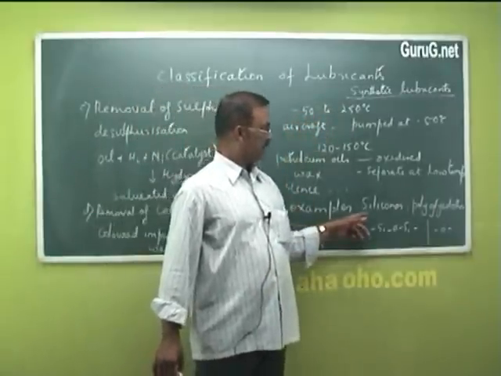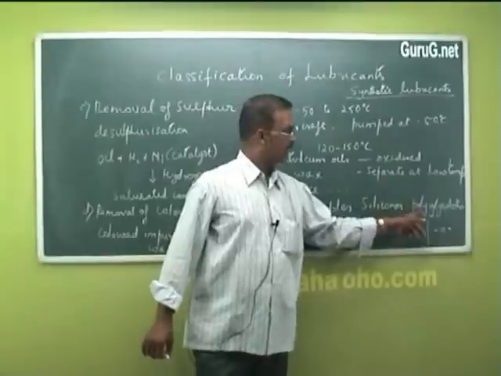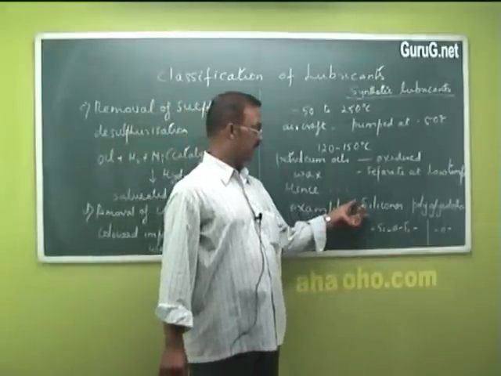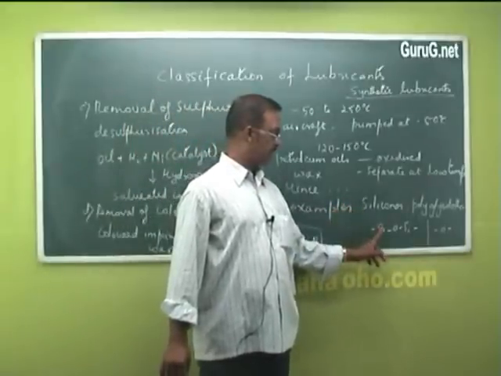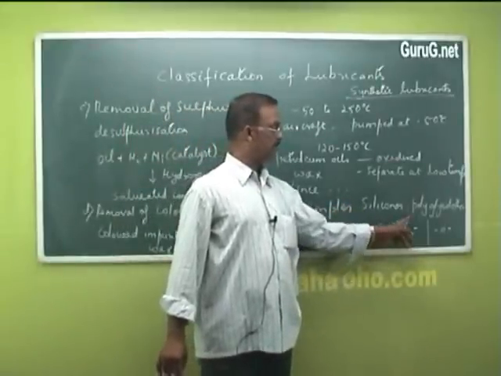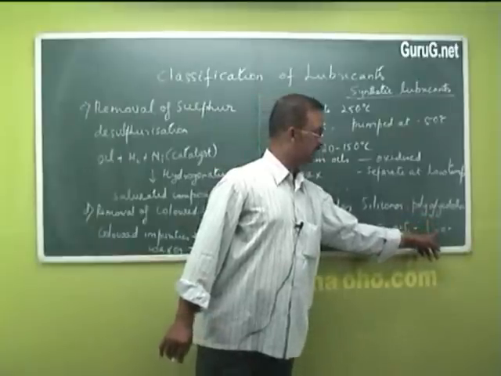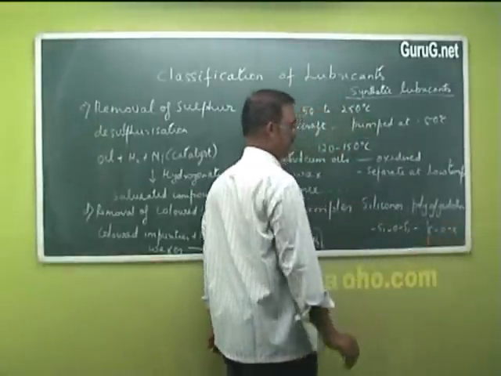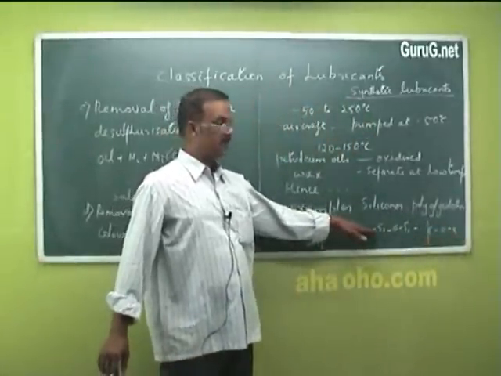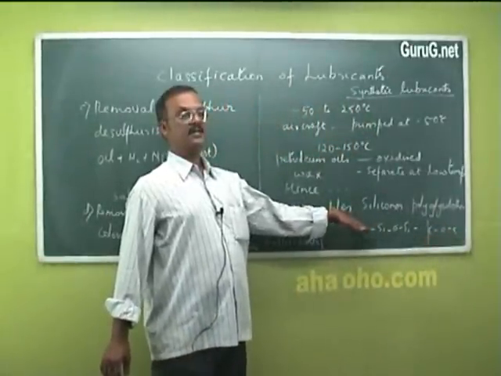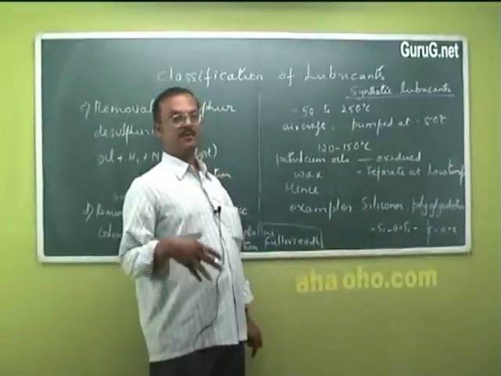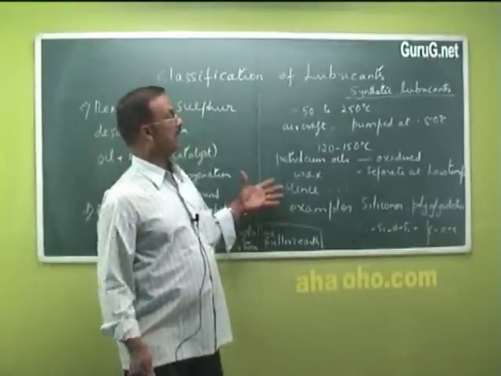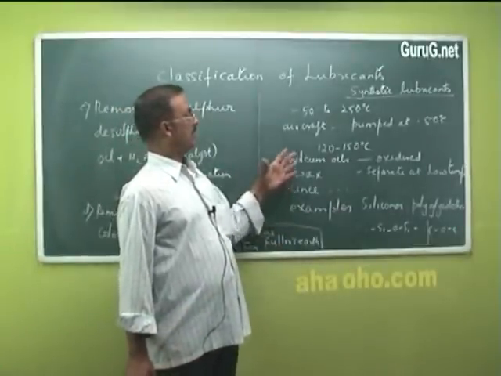And so silicones and polyglycol ethers, which are polymeric in nature. Silicones contain the linkage silicon oxygen silicon, and polyglycol ethers contain the linkage carbon oxygen carbon. So these materials can withstand very high temperature and also very low temperature, and these are employed as lubricants, especially in aircraft.